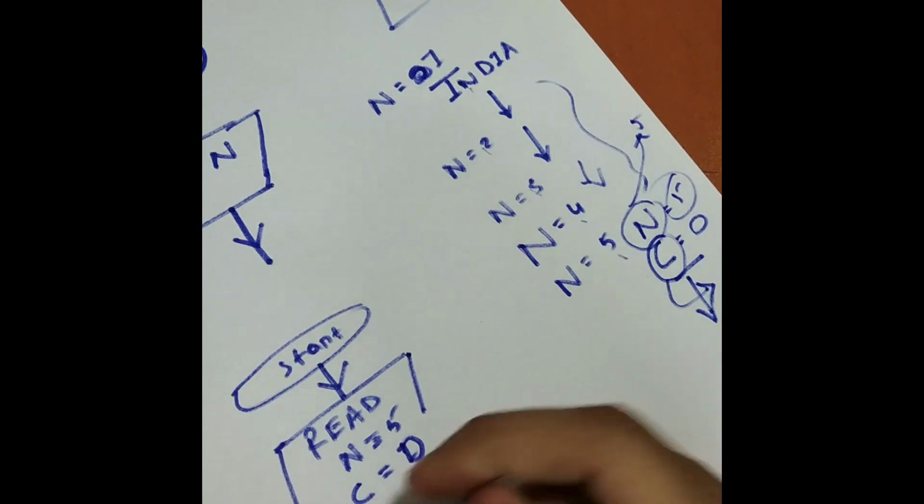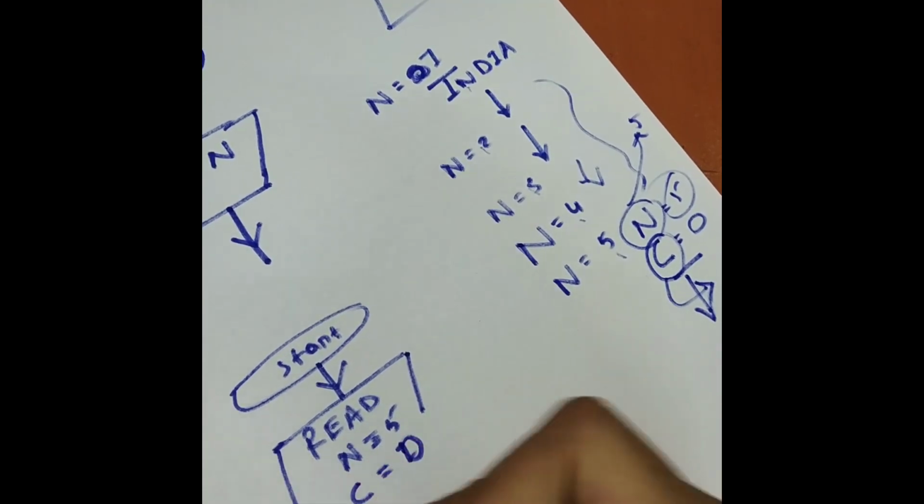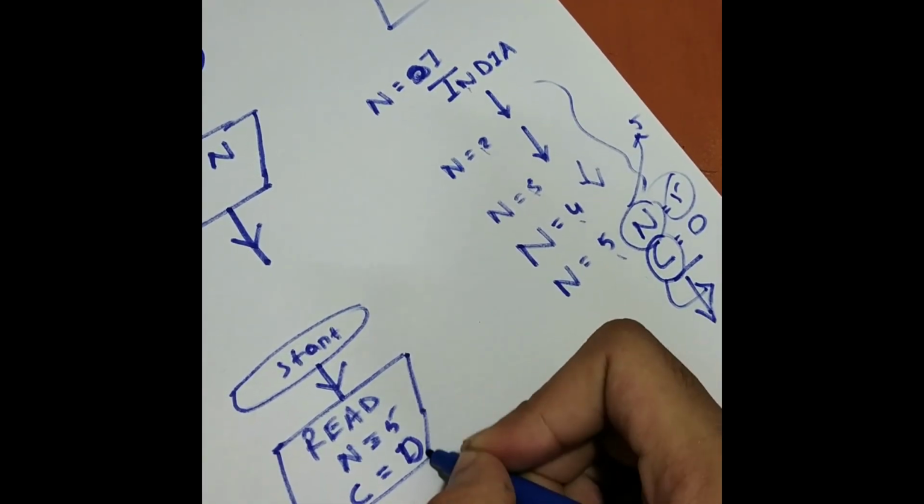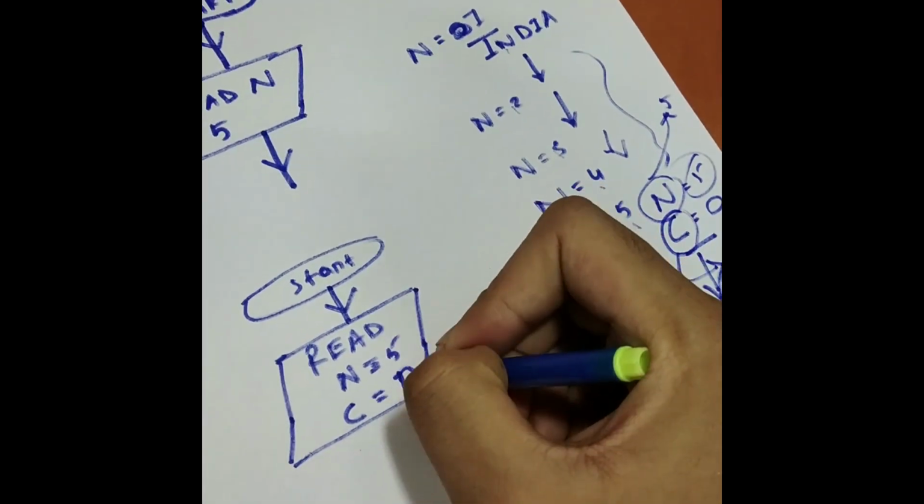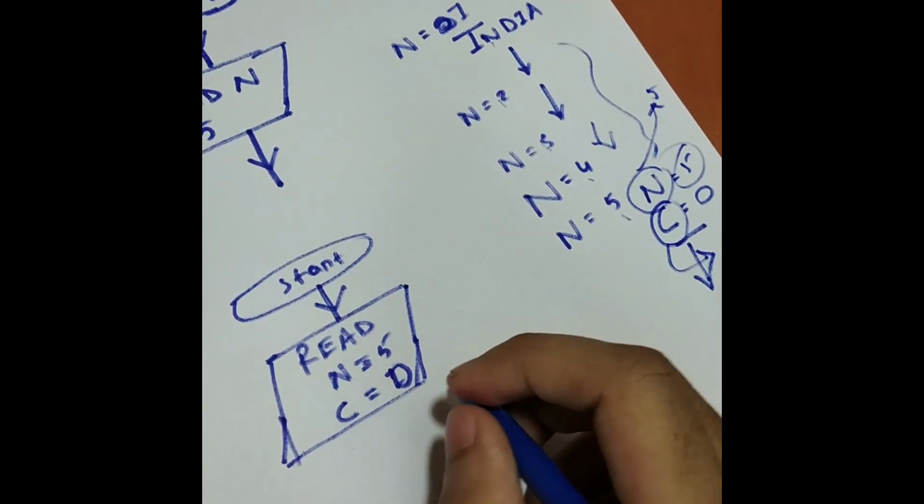Why it is 0 I will tell you. This is a parallelogram, obviously, for an input box.